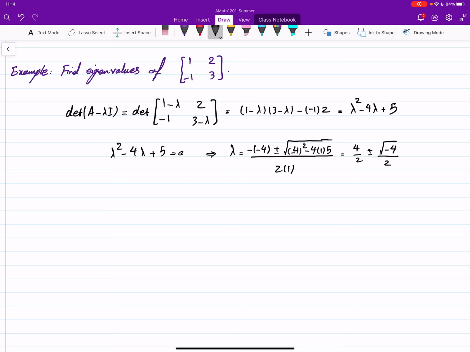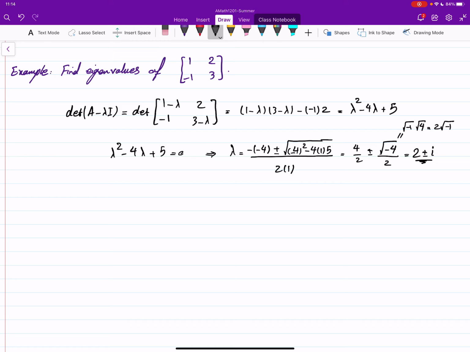But the square root of negative 4 is, let me write it here, root negative 1 root 4, which is 2 root negative 1. And that's where you see that. Okay, simplify that one. This is 2 plus minus, simplify that, it's just i.